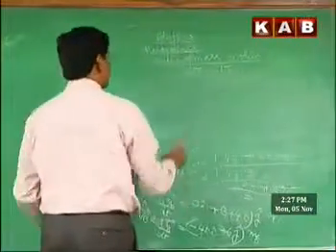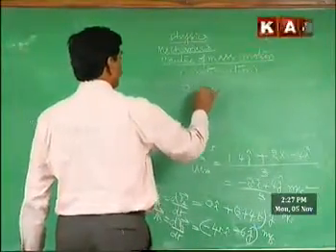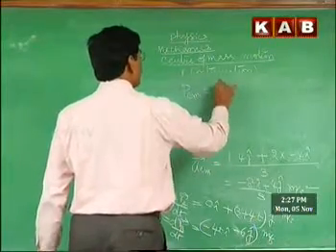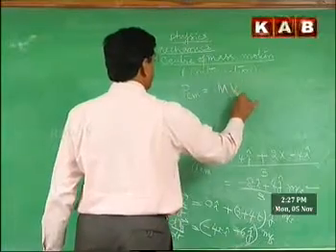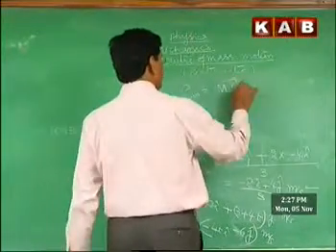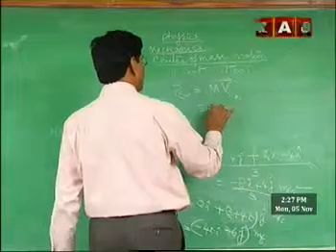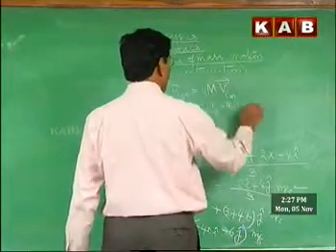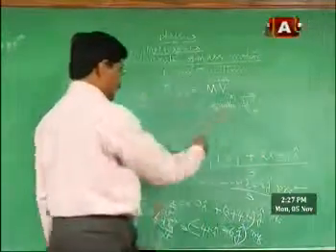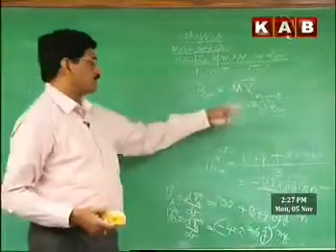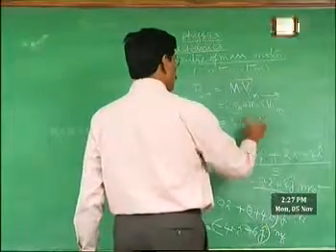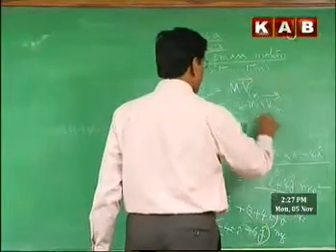Then how to calculate the linear momentum of center of mass? Linear momentum of center of mass PCM is equal to m into vCM. vCM we have already calculated, and m is mA plus mB, that is 1 plus 2, into vCM.